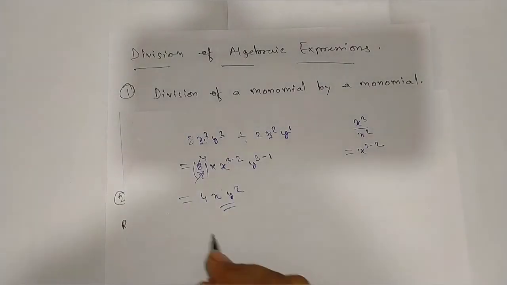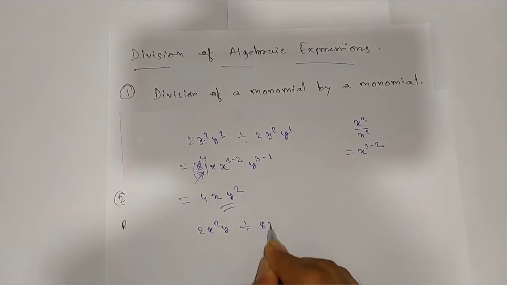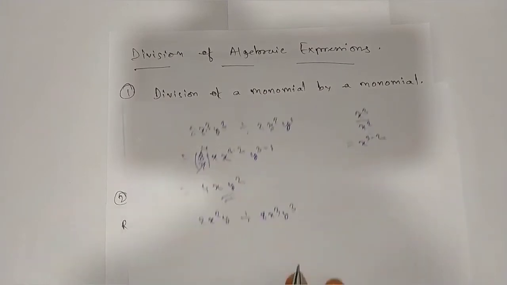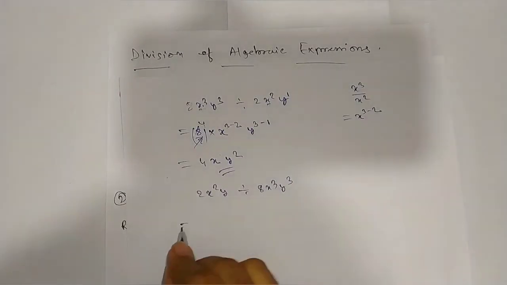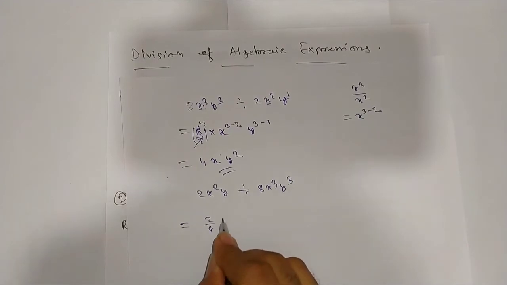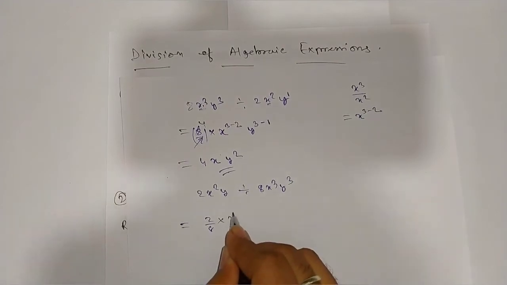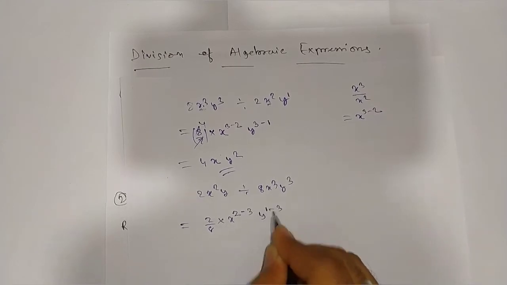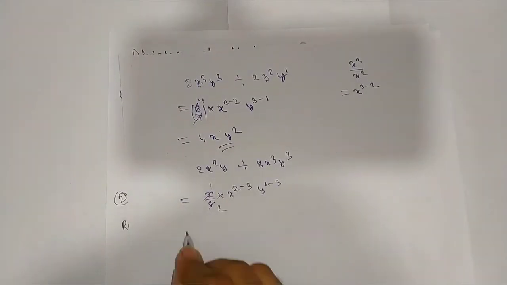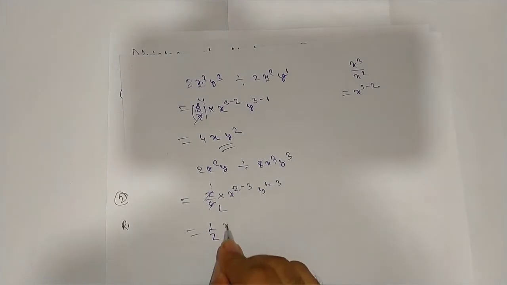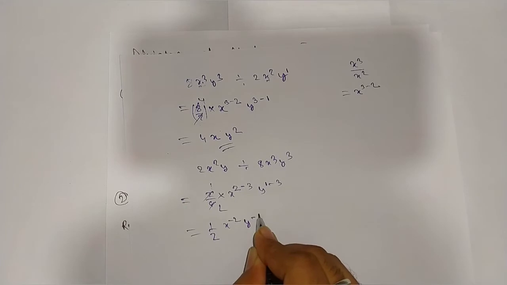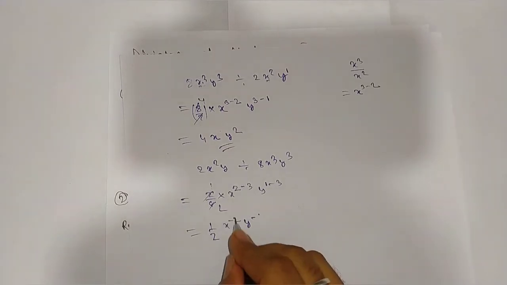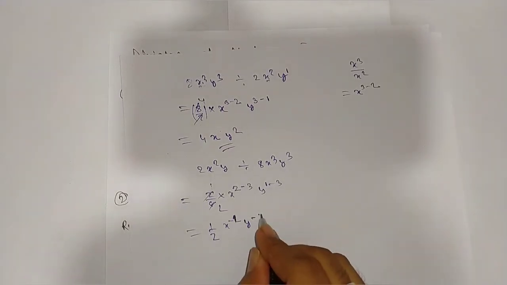Now you may say, sir, what if it is like this: 2x square y divided by 8x cube y cube? In this case we get 2 by 8 into x to the power 2 minus 3 and y to the power 1 minus 3. Here 2 by 8 gives us 1 by 4, x to the power minus 1 and y to the power minus 2.